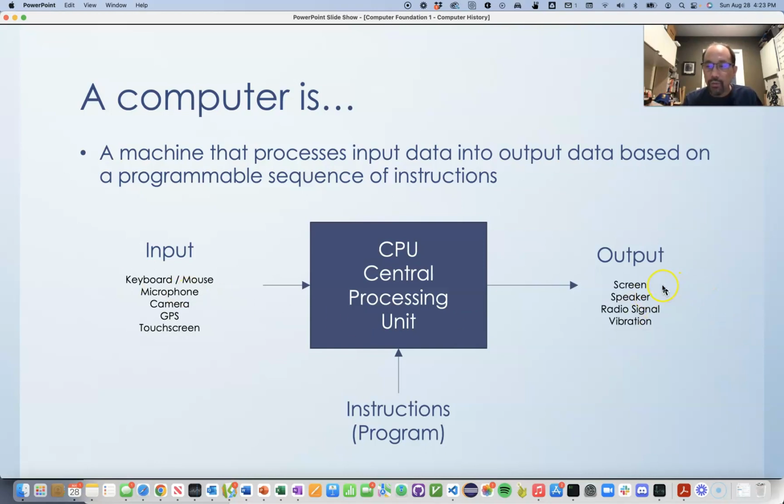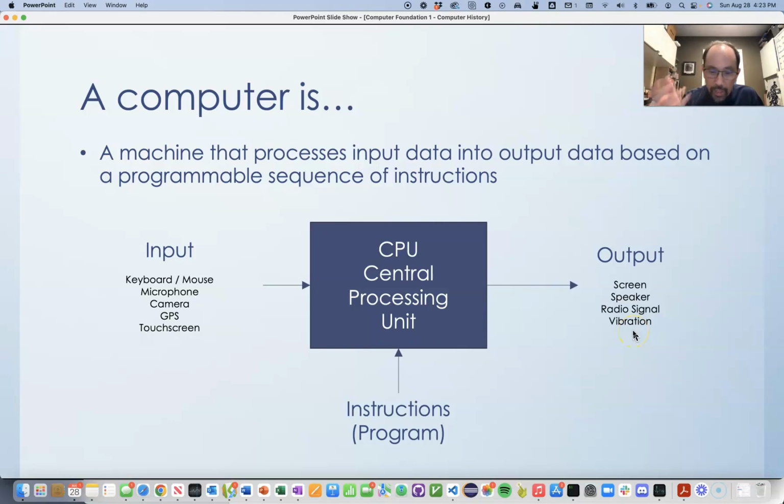The outputs might be the screen that I'm looking at, speakers to hear, radio signals. Your phone is actually receiving radio signals on the input, sending out radio signals on the output as a way of kind of communicating with the cell tower.